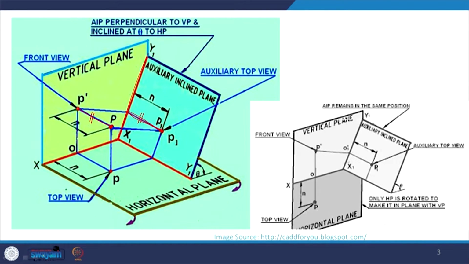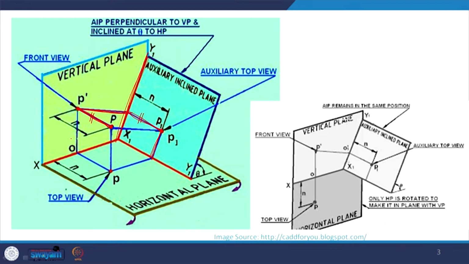And the trace coming from the front view, perpendicular to this auxiliary plane, will give us this relative height. So this distance remains the same, and the height will actually come from the front view.